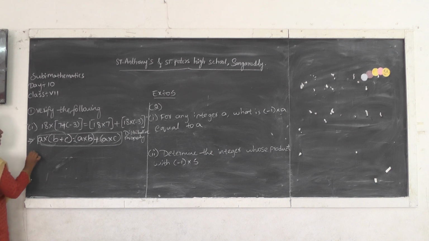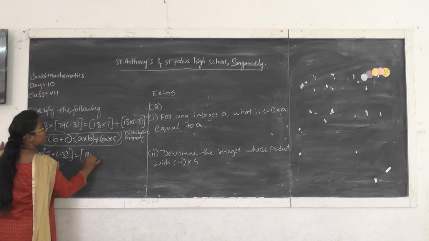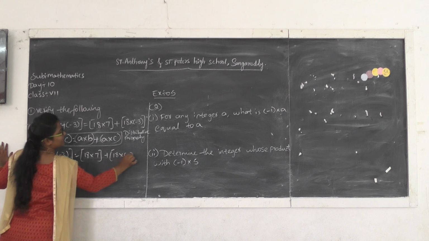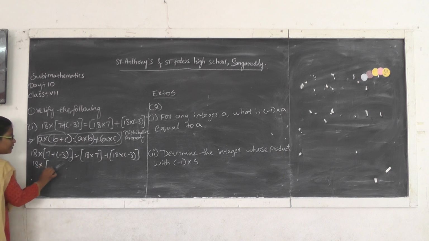Now, 18 into (7 plus minus 3) equal to 18 into 7 plus 18 into minus 3. First, what do we have to do? We should simplify the terms within the bracket. In 18 into (7 plus minus 3), one is plus and one is minus.